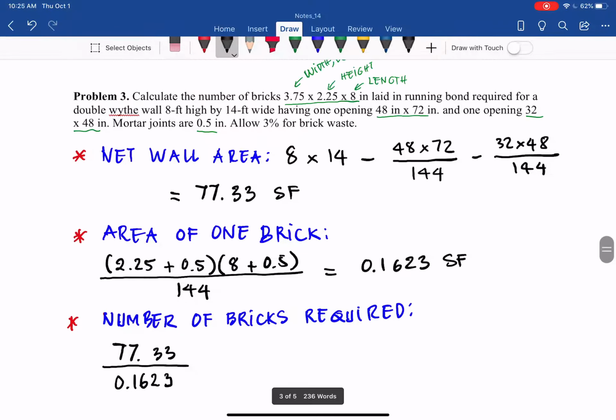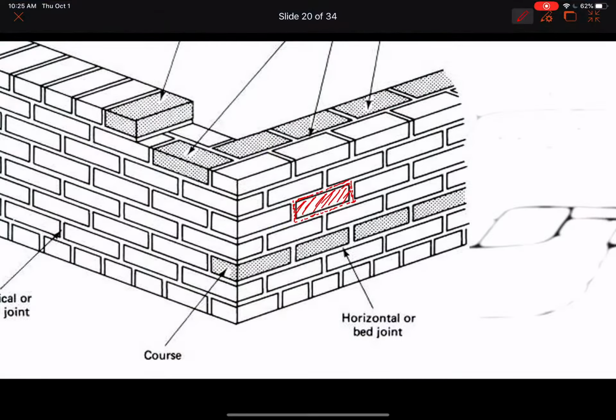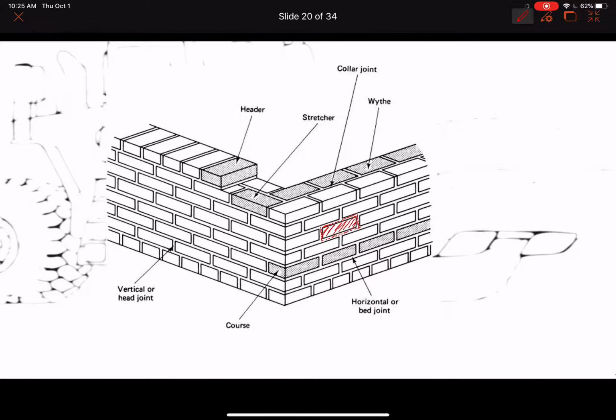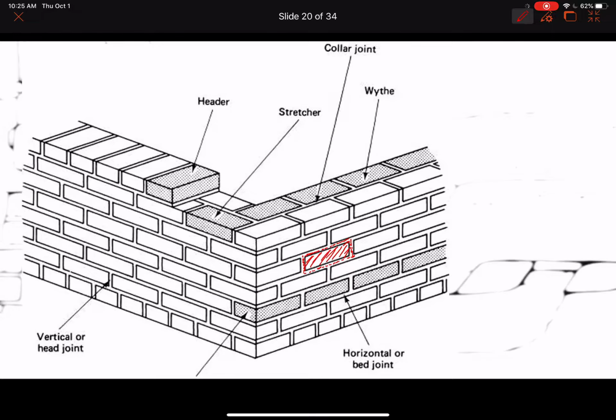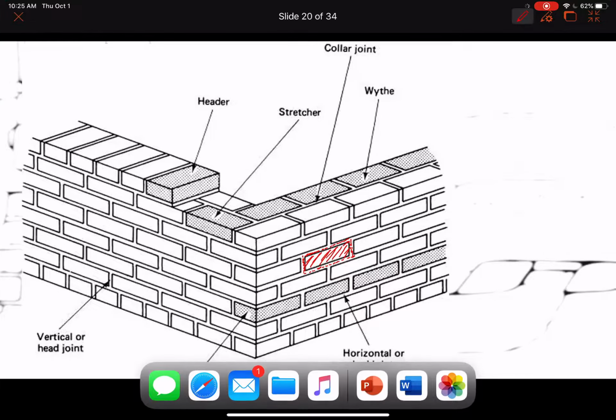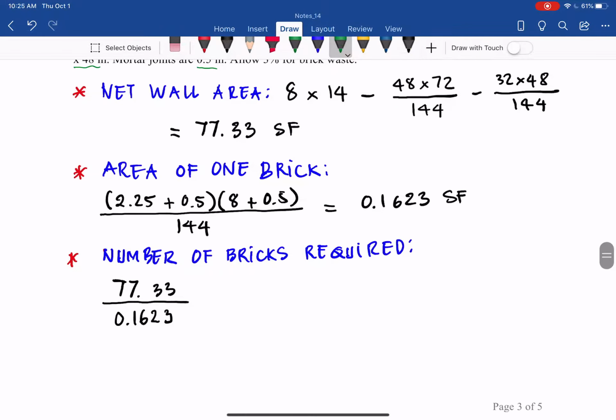Because it is double width, just like this here, one width, two, we have to times 2. That is for 1 width, and then we times 2 for double width.